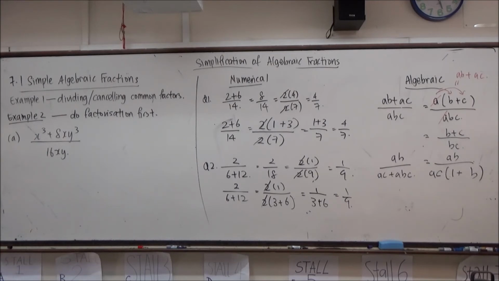Okay? So, then after that, we move on. Now that we have AC times 1 plus B, that's a group. We do our cancellation. So we cancel away A. B, we got nothing to cancel, because this is 1 plus B. It's together. So C, we also got nothing to cancel.